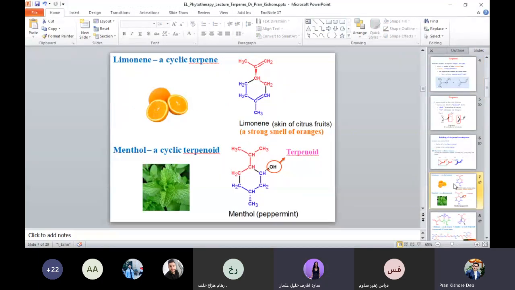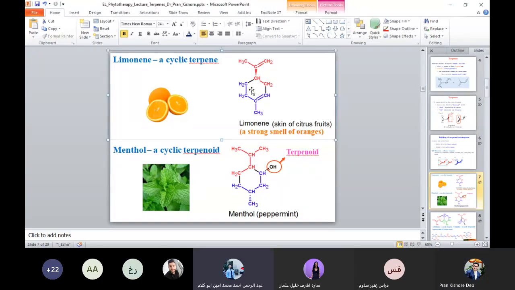So I have not yet discussed the classification. Here are two examples. Limonene is a cyclic terpene. Look at the structure. How many isoprene units does it contain? 2 isoprene units.